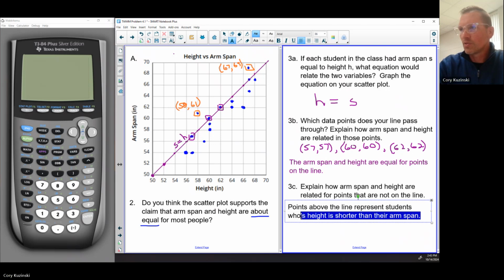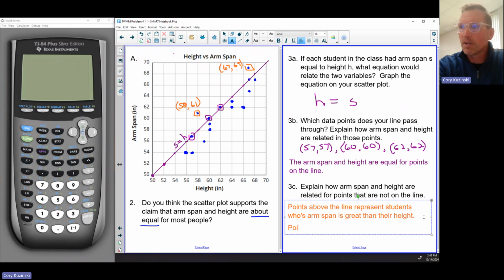Students whose arm span is greater than their height. That would mean points below the line represent students whose arm span is less than their height.